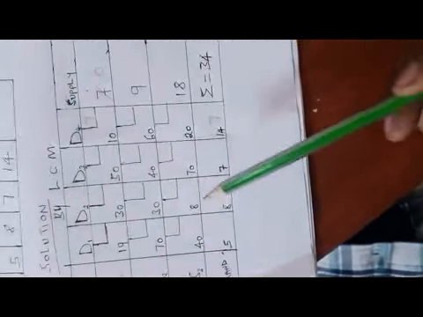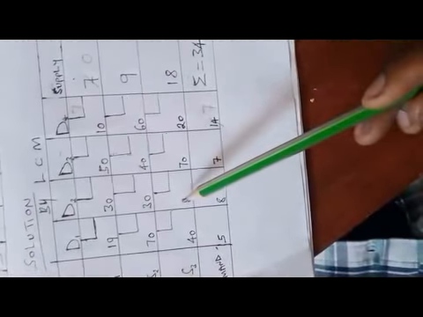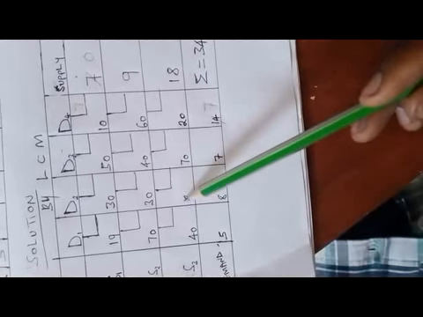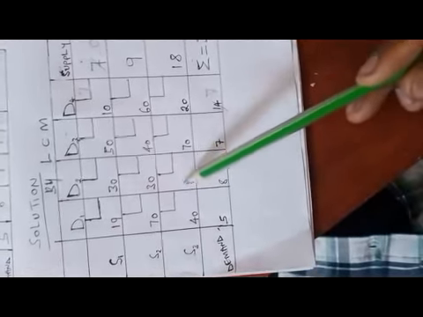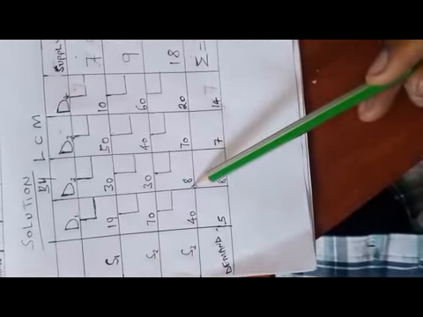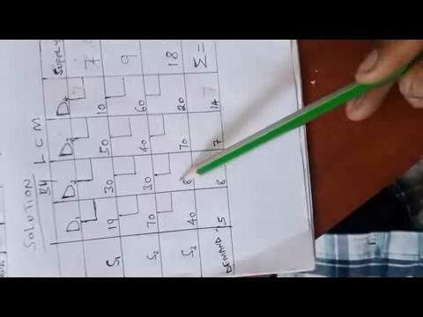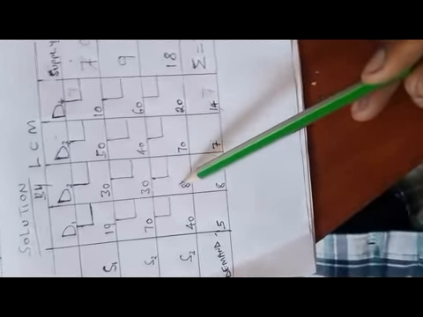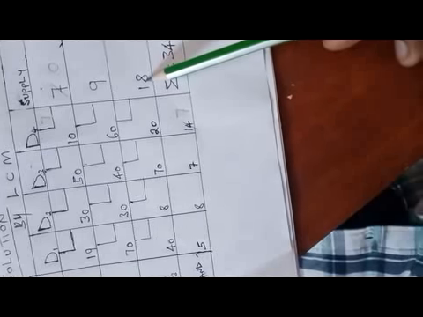Then, as we determined before, our least cost number is 8, so we start working with the 8 here. Our demand here is 8, and our supply here is 18.